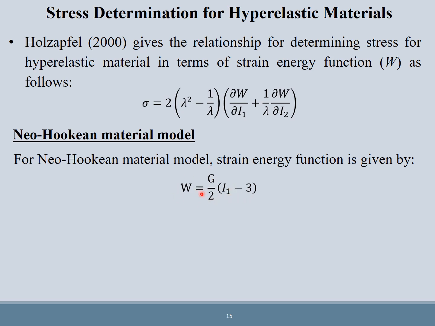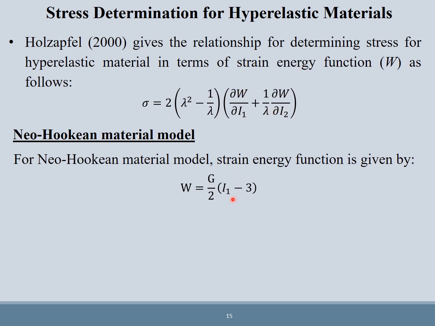Now if we want to determine the stress from this strain energy function, what do we have to do? We have to replace this W equation in the above equation, that is, we replace W here, differentiate and simplify. When we put this expression here, we get G upon 2 times I1 minus 3, and since it is partially differentiated with respect to I2, and I2 is not present in this formula, this will be 0.